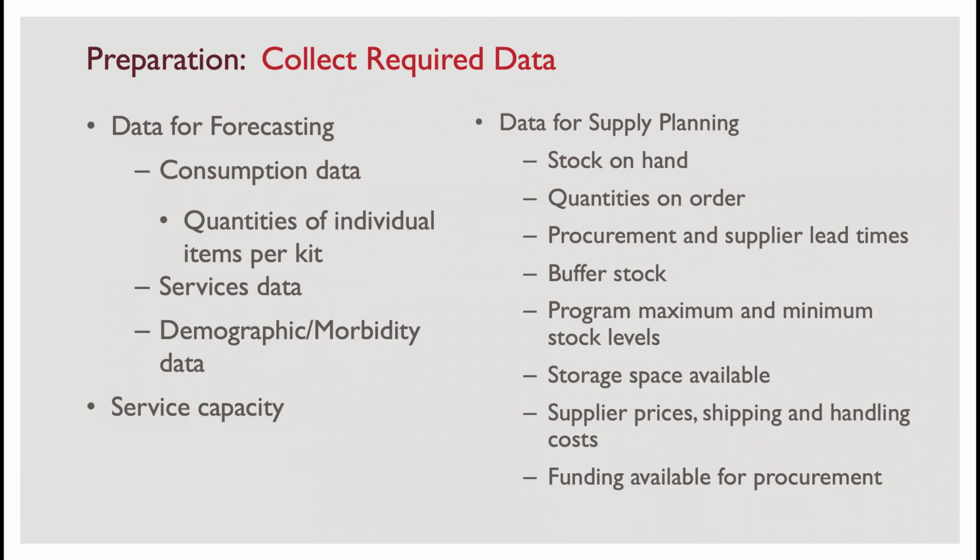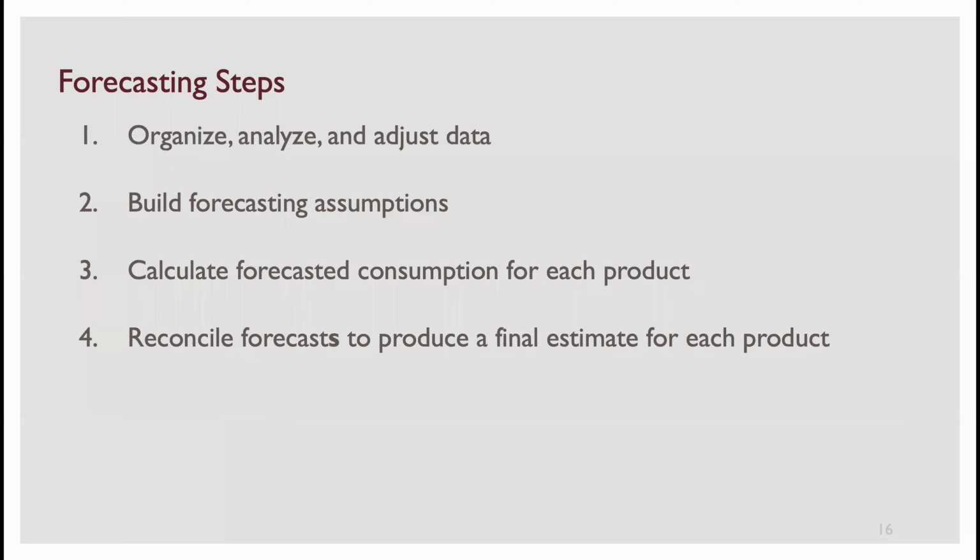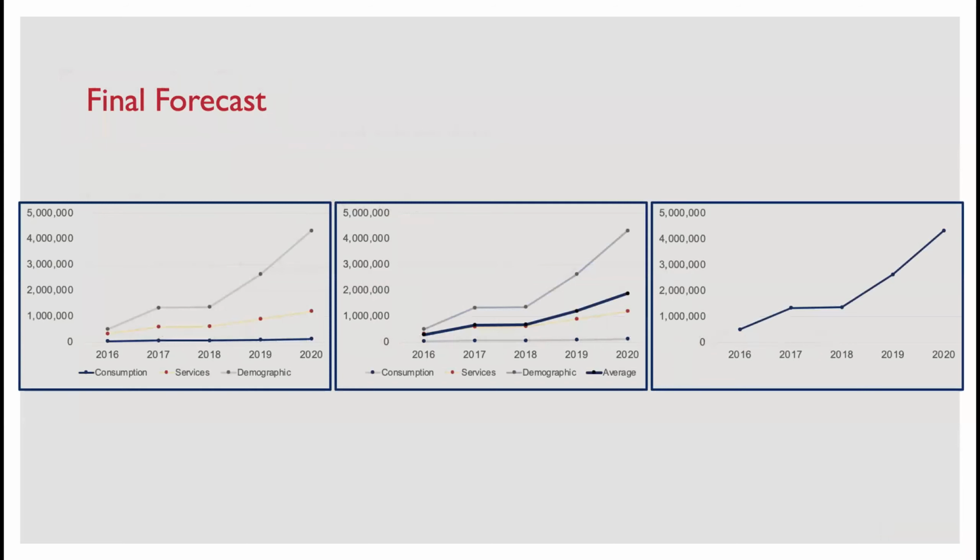We also discussed where we can get these data and some of the challenges that we might have related to data. We discussed in some detail these steps in the forecasting stage of our quantification. We emphasized that the final forecast will be the predicted quantities of products to be dispensed or used during each year of the forecast period.